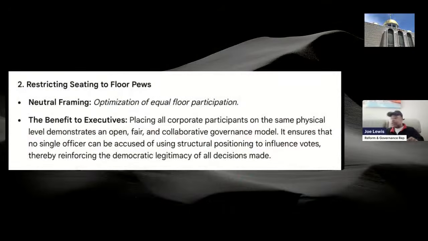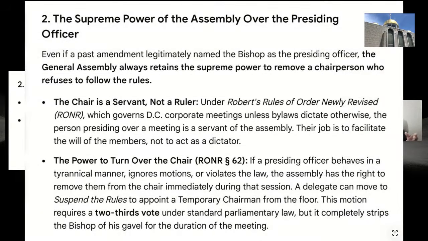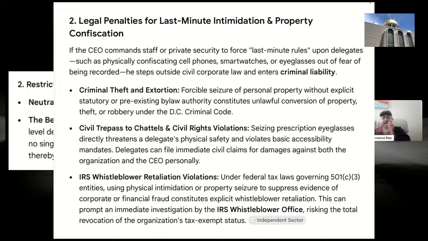Where we're talking about IRS whistleblowing laws, go back to the last page. IRS whistleblower retaliation violations. Thank you.